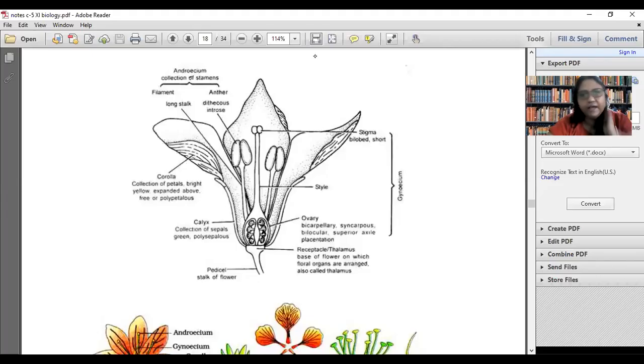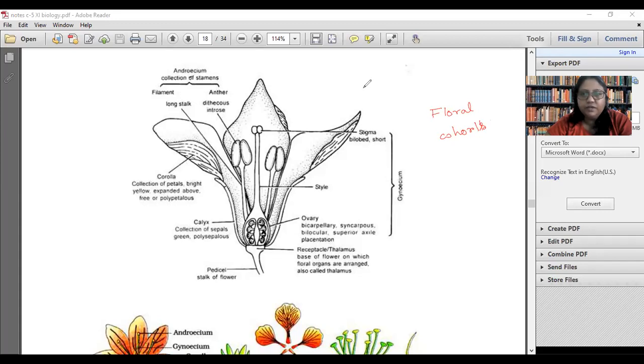So this is the diagram of a flower. Now flower is having floral whorls. What are these floral whorls? Floral whorls are four major parts of flower.